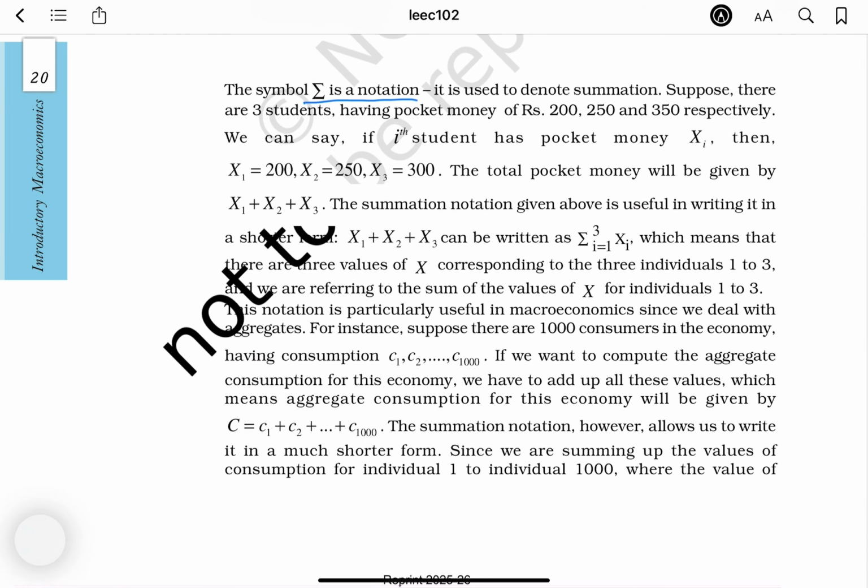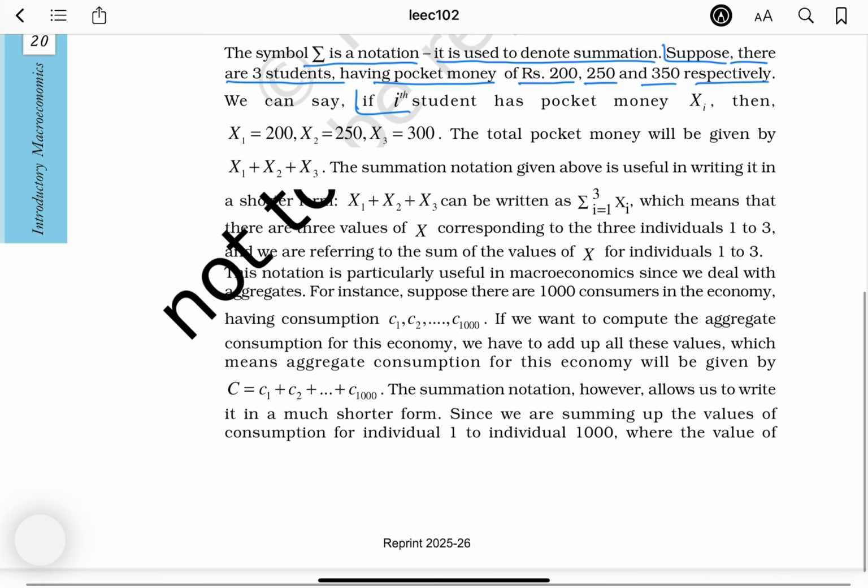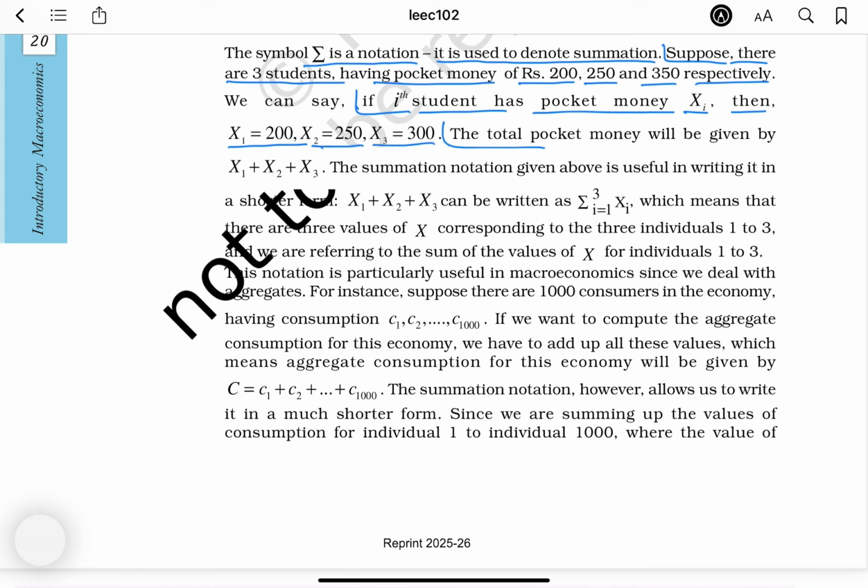The symbol sigma is a notation. It is used to denote summation. Suppose there are three students having pocket money of rupees 200, 250 and 300 respectively. We can say if the ith student has pocket money xi, then x1 is 200, x2 is 250, x3 is 300. The total pocket money will be given by x1 plus x2 plus x3.